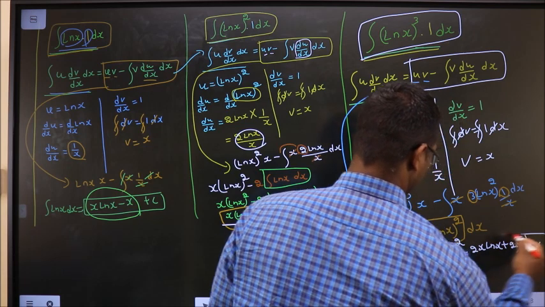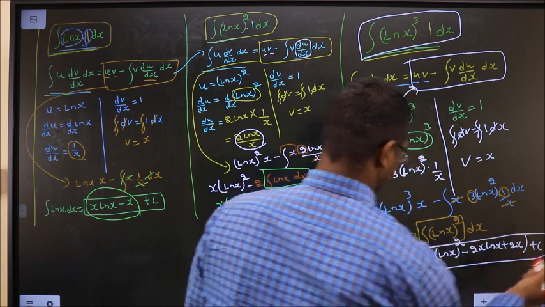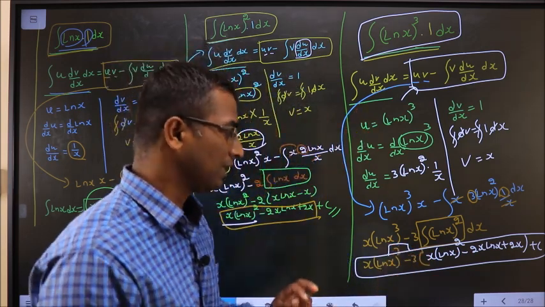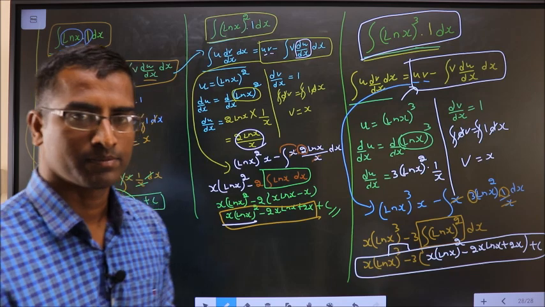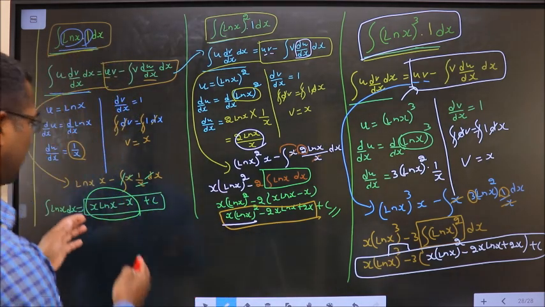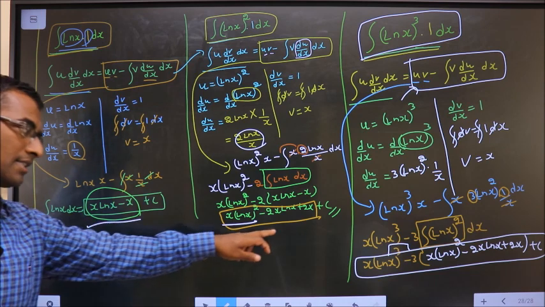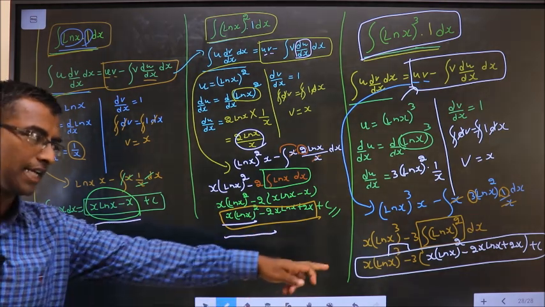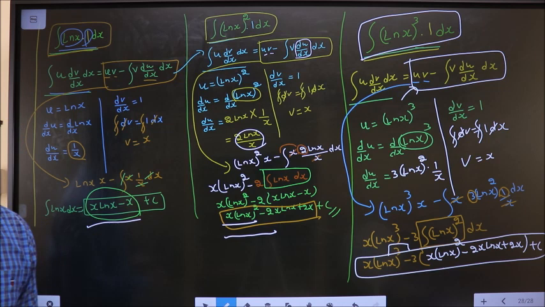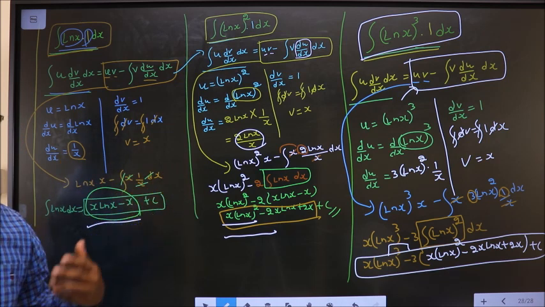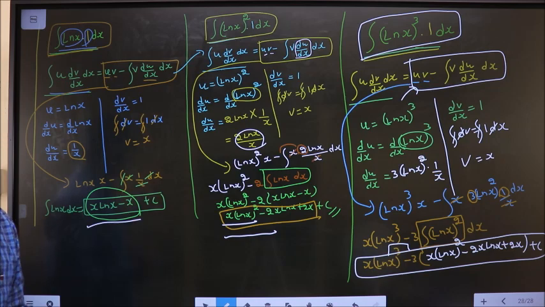Finally add c. So this is the answer for integration of ln x whole cube. Clear? Answer for integration of ln x, answer for integration of ln x whole square, and that is for integration of ln x whole cube. If you see all the three at once, it should be remembered in your mind.